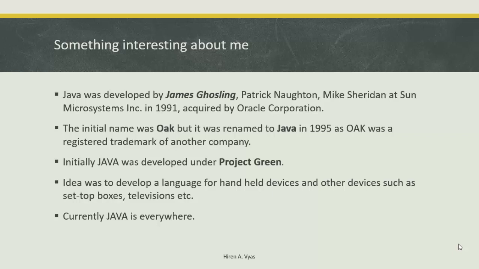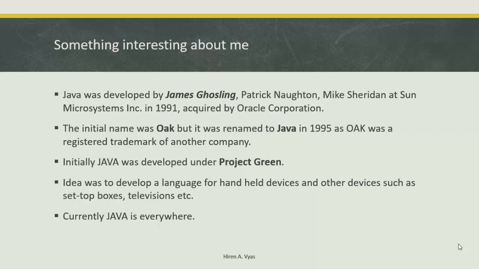Java was initially developed at Sun Microsystems and is currently acquired by the Oracle Corporation. The initial name given to Java was Oak, but it was already a registered trademark at that time, so it was renamed to Java in 1995.